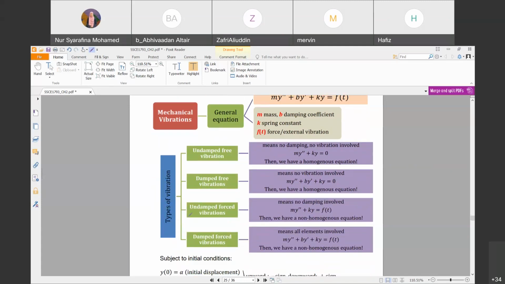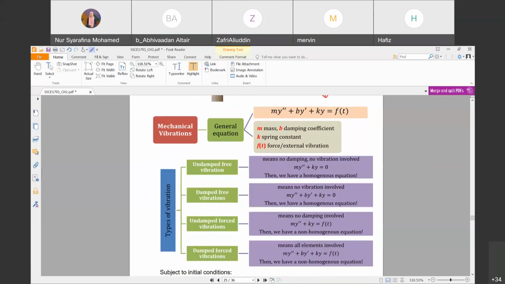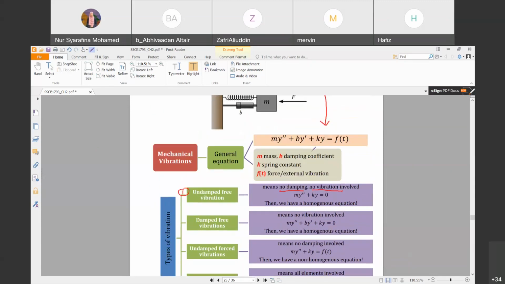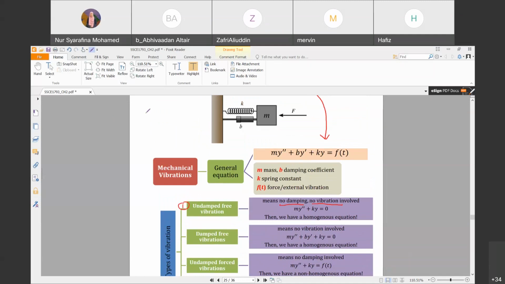There are 4 types of vibration. The first one is undamped free vibration, which means there is no damping and no vibration force. When there is no damping, there is no damping coefficient. There is no B, right?